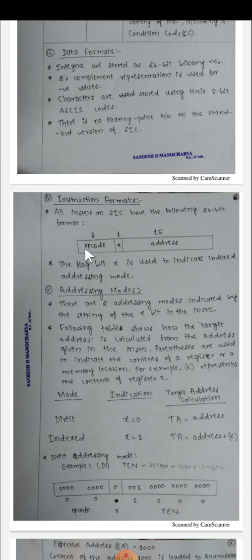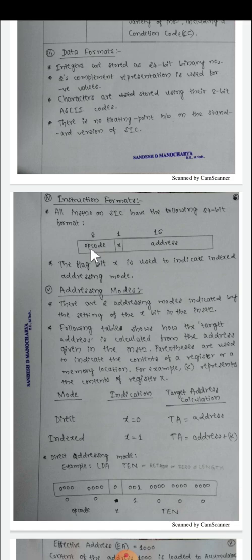Among the 24 bits, the first 8 bits are reserved for the opcode. We will understand what this opcode is later, don't worry. It is nothing but the operational code.